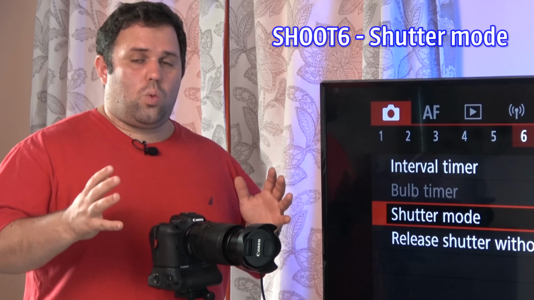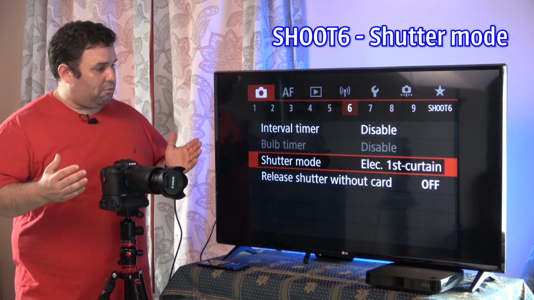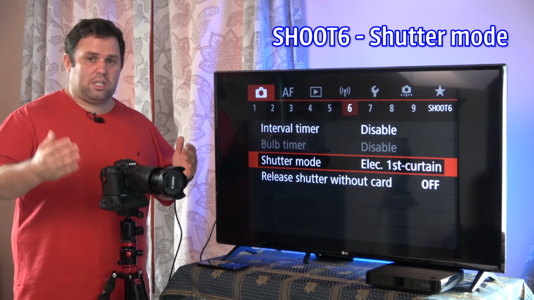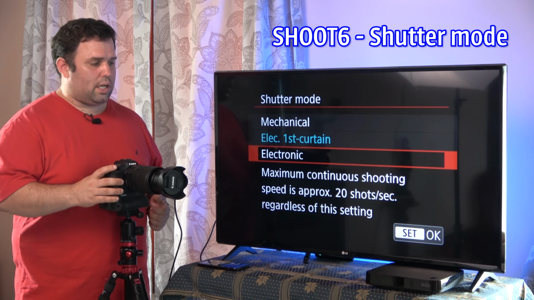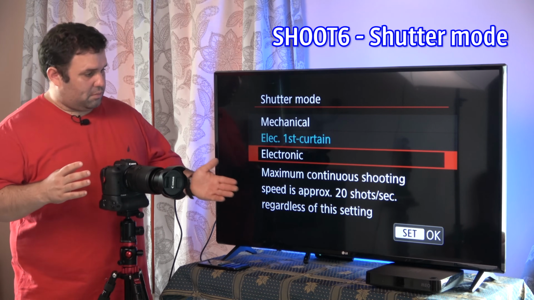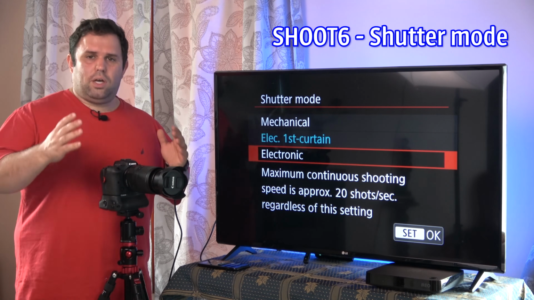because the shutter mode will change how many bits you will have on a raw image. By default it is on first curtain physical shutter, but if you have everything in electronic, it will have more shots per second, but the raw files will be 12 bits.